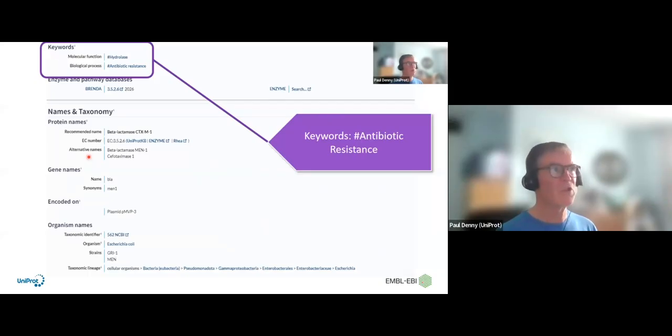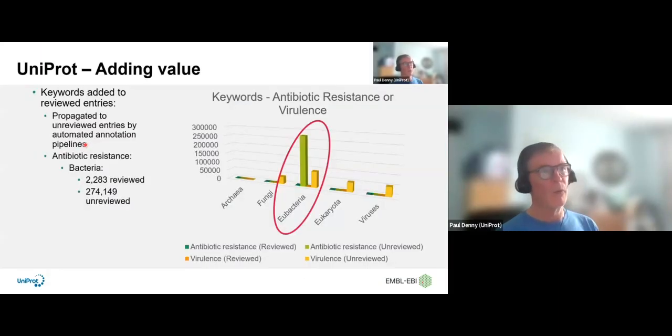I mentioned keywords earlier on. I'm not really going to say any more about this other than to say that one of the ways in which we add value is, and this is built into the automated annotation pipelines, keywords that we add manually to entries are then propagated to other entries, to unreviewed entries.